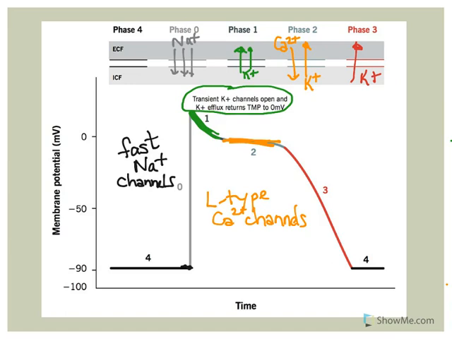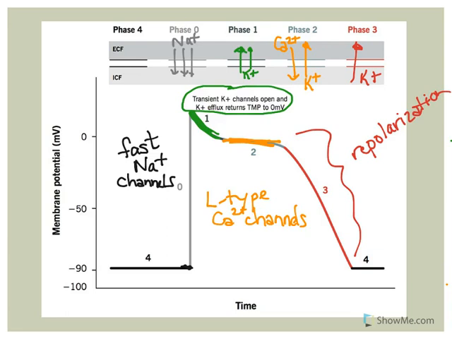So calcium channels close. Now we have these potassium channels that are opened up, and potassium is leaving the cell. And so we're getting back to that membrane potential. And so at 3, we can say what's going on. This is repolarization during phase 3.